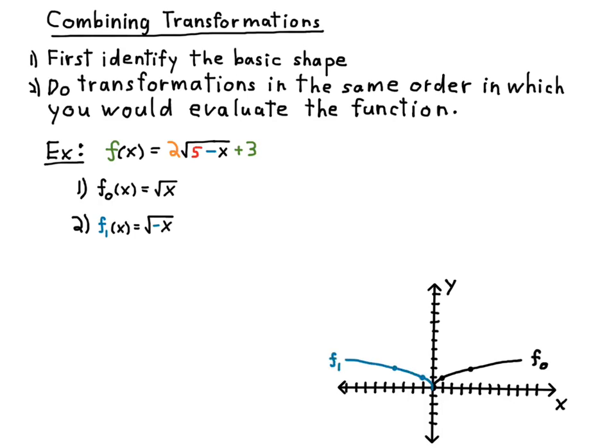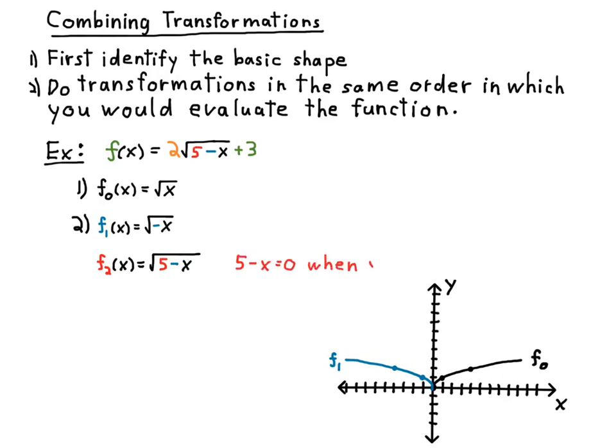So I just reflect all 3 of my points in the y-axis. Of course, the origin stays the same, because when you change the x to the opposite of x, the opposite of 0 is 0. Okay, so you get this graph here, which looks like a sideways parabola opening up to the left, but just the top half of that parabola with the vertex still at the origin.